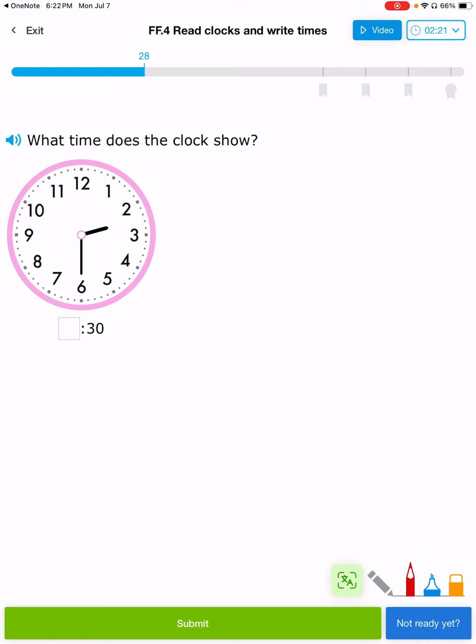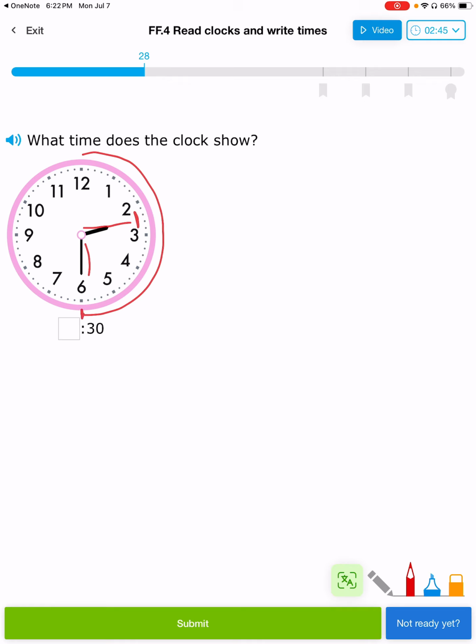What time does the clock show? Now it gets a little bit tricky. Right here, the shorthand is between the 2 and the 3. And also, my long hand for the minutes is halfway round.